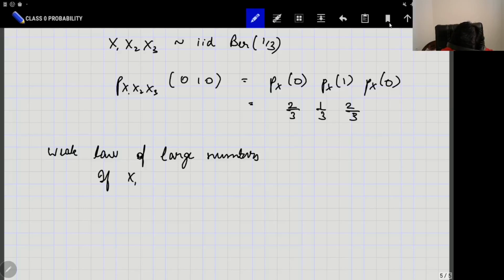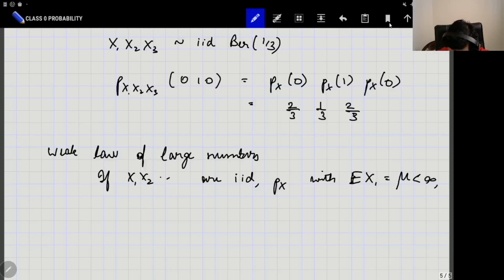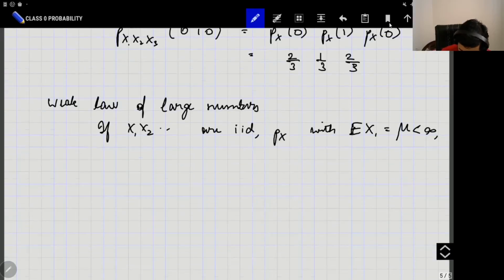So the weak law of large numbers says that if X1, X2 and so on are independent and identically distributed according to some distribution PX, and the mean, expectation of, let's say, X1 equals mu. So if it has finite mean, then the average converges to the mean. And how does it converge? It converges in the following sense.